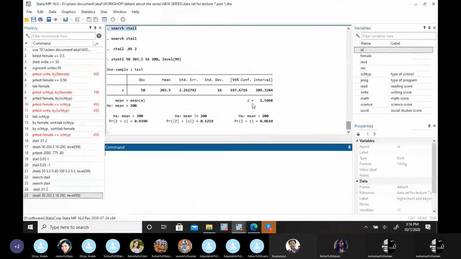The Z statistic, that's what we are more interested in. So our value is lying within the acceptance region, so we have to accept the null hypothesis. In the p-value approach, since our p-value is greater than the level of significance, again we have to accept the null hypothesis. So in both cases, we have to accept the null hypothesis.